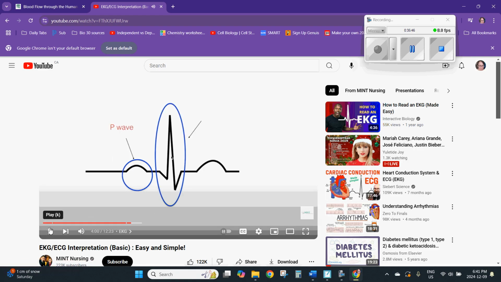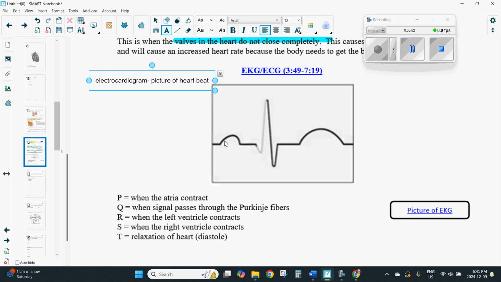Oh my, it already tells us one of our answers. So we're going to put in our P wave as this little bump at the beginning. This is when the atria are contracting. I'll make it smaller again. This is representing my P wave.